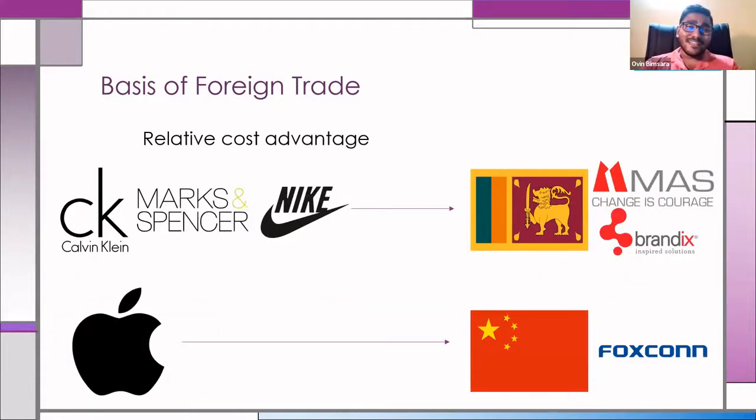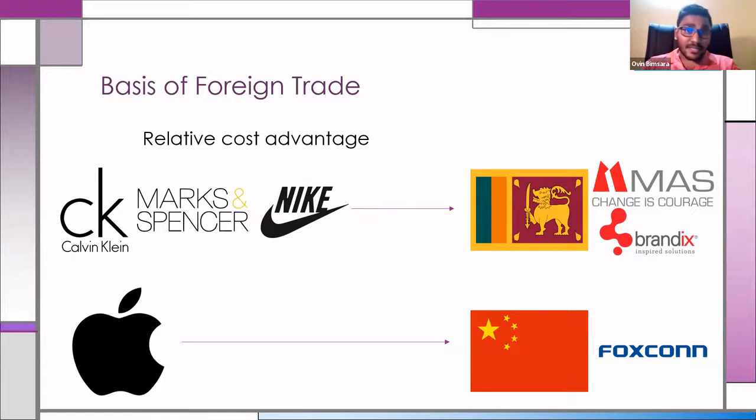And it can be the relative cost advantage that makes foreign trade happen. Country to country, the cost that you have to incur for production is different. For example, when it comes to the garment industry, the labor cost is quite cheap in countries like Sri Lanka, Maldives, Bangladesh. And that is why most of the global brands are being produced in Sri Lanka.